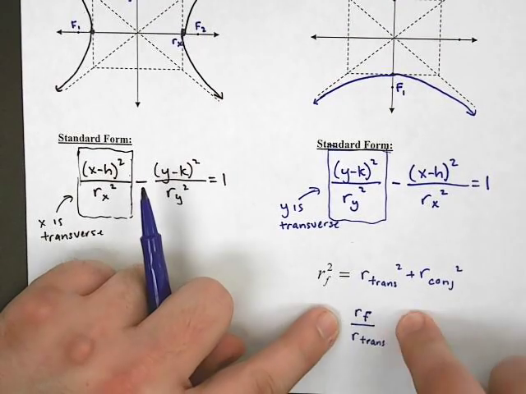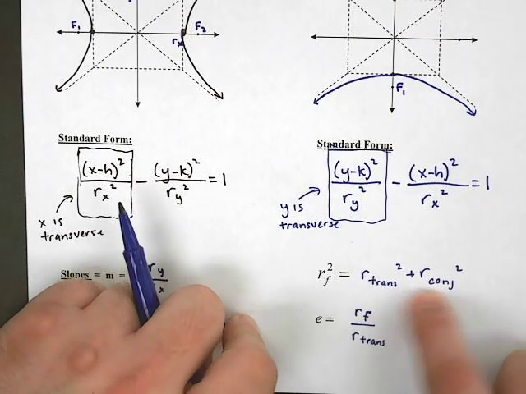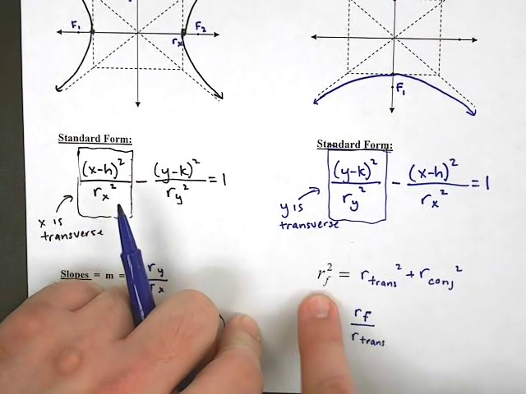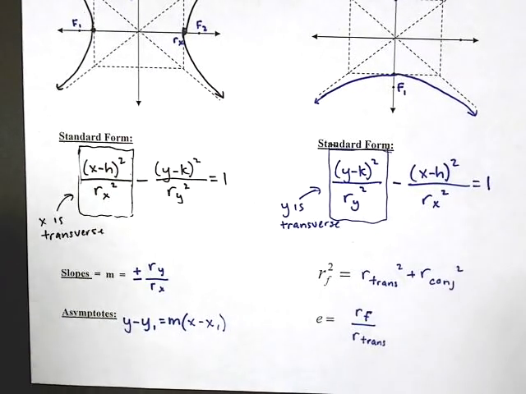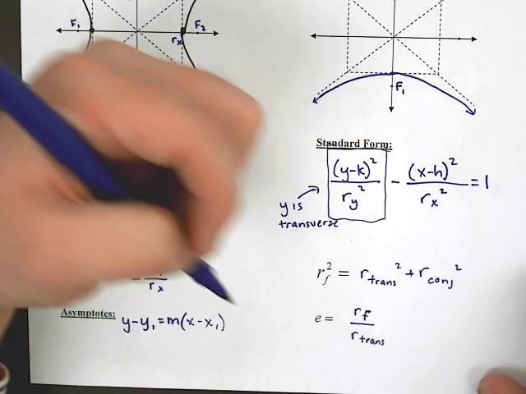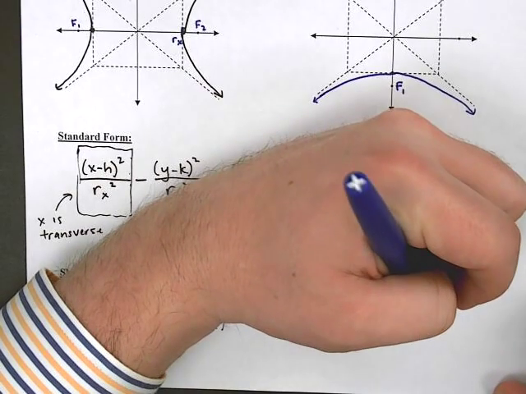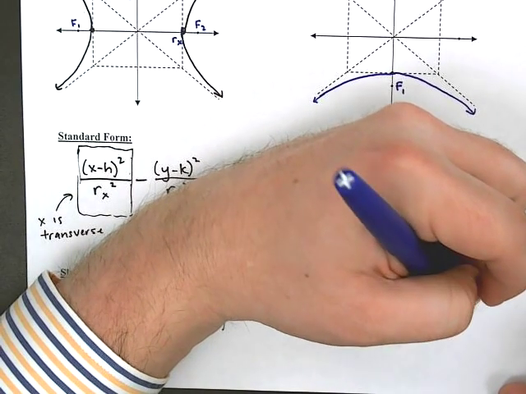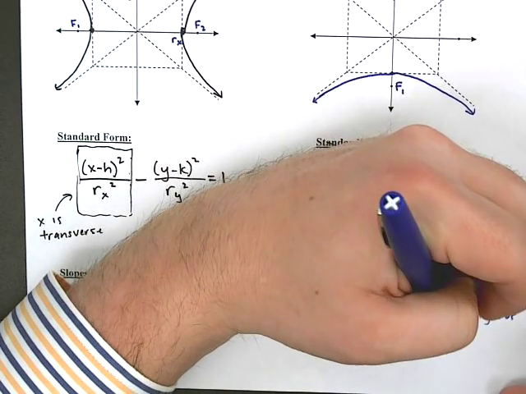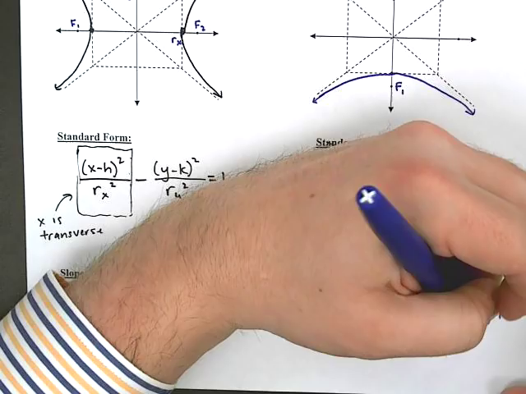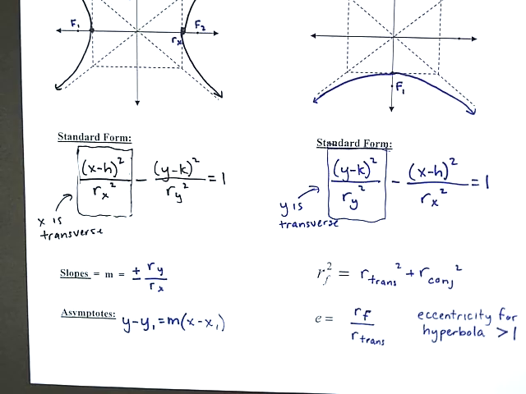So if we do this, and we kind of think about this, this is always going to be positive and positive. So what's going to end up happening, guys, and I think I misspoke when some people asked me about this, our eccentricity for a hyperbola is always greater than 1.